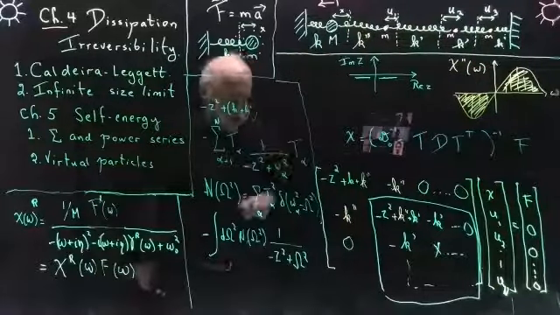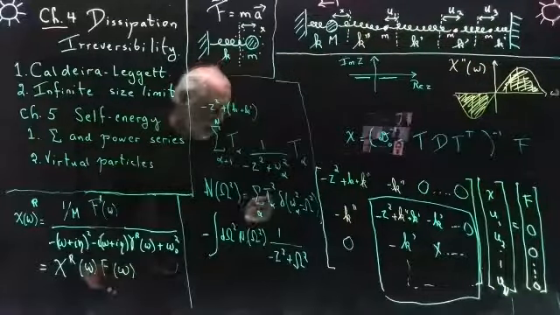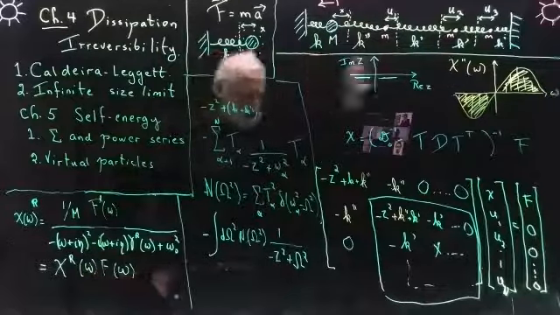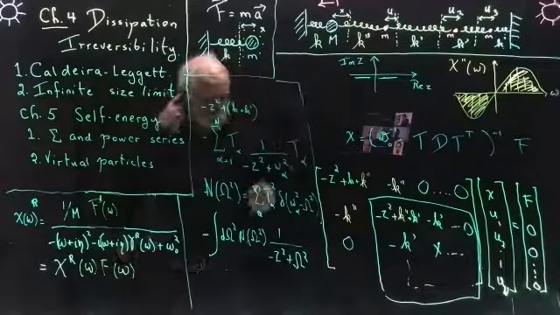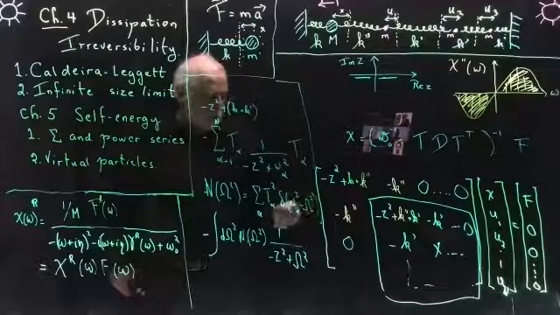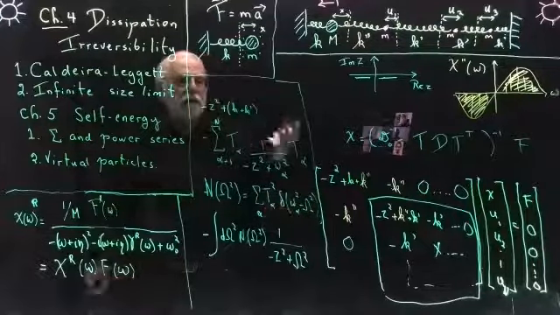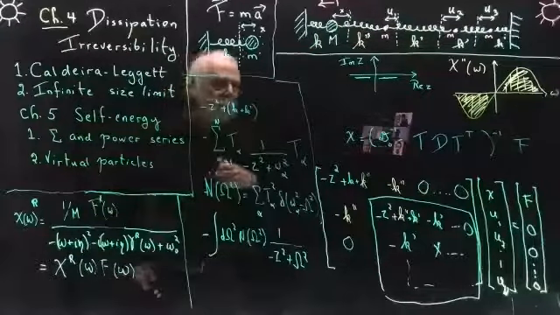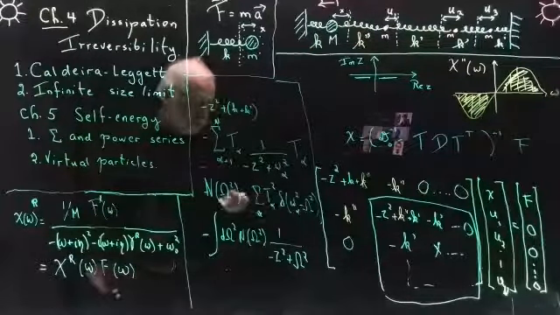The t square here will go like 1 over the number of modes, because you want to transform this discrete sum into an integral over omega alpha that will be finite. It's sort of a density of modes.